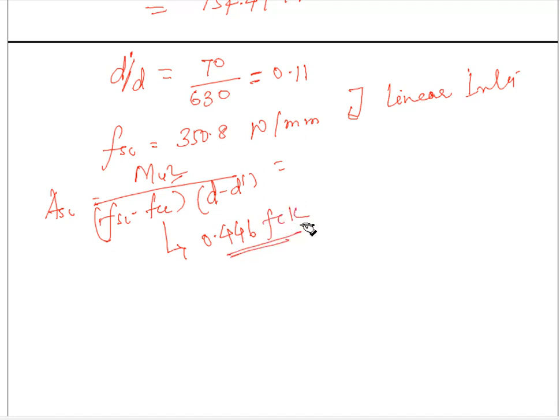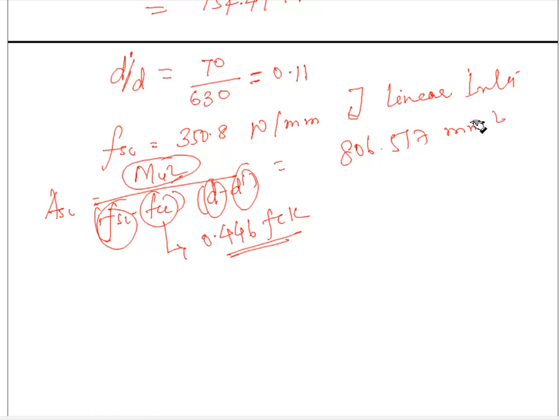I'm not calculating everything, I'm just writing the area of steel. You can use Mu2 and FSC, which we have calculated here. FCC is 0.446 FCK, d is 630, d dash is 70, which gives 806.517 mm square.